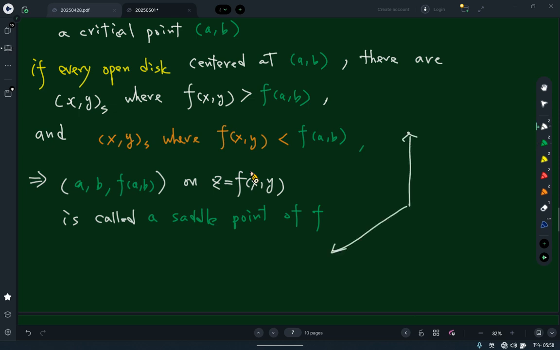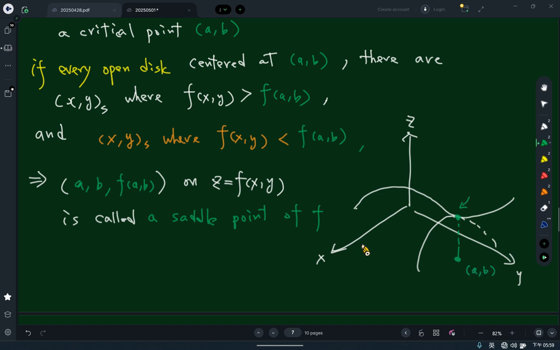So if this is x, y, and z, the so-called surface is just like this one. You can just imagine that this is the surface. In this direction, if AB is a saddle point, this is AB, then f of AB.